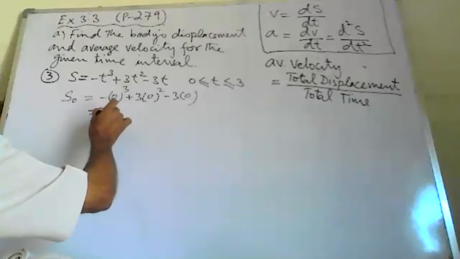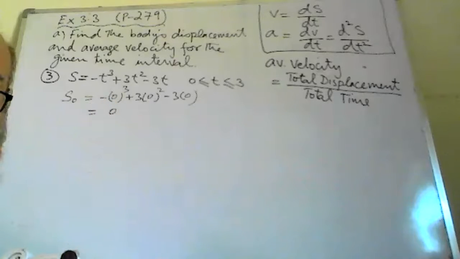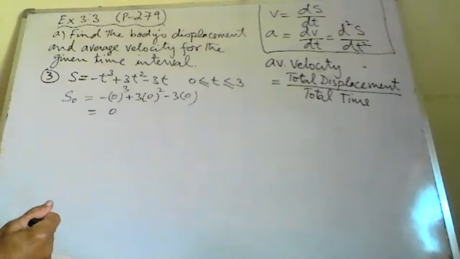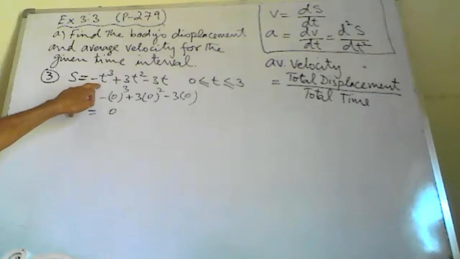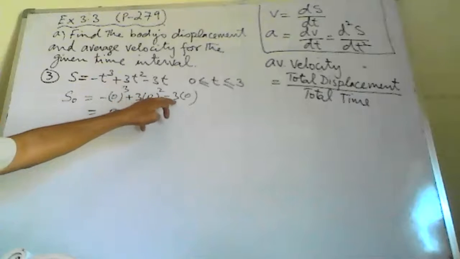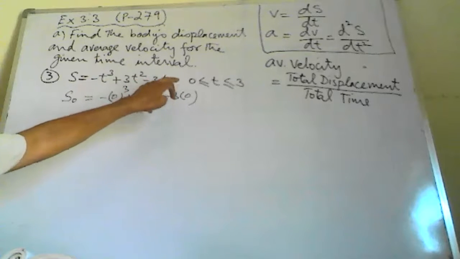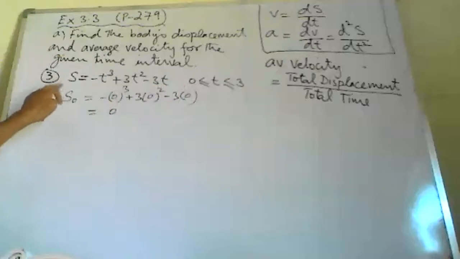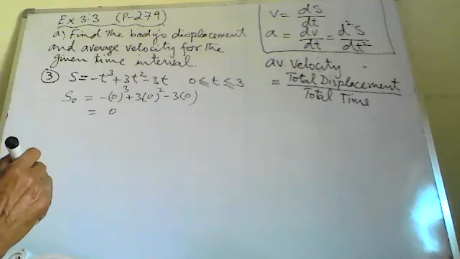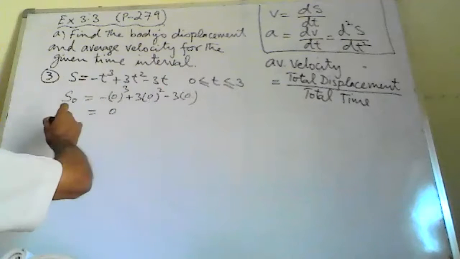The answer is 0. 0 cube minus 0 cube plus 3 into 0 square minus 3 into 0. The answer is 0. At the initial time, when t is 0, S0 will be equal to 0. So initial displacement is 0. The final displacement S3.